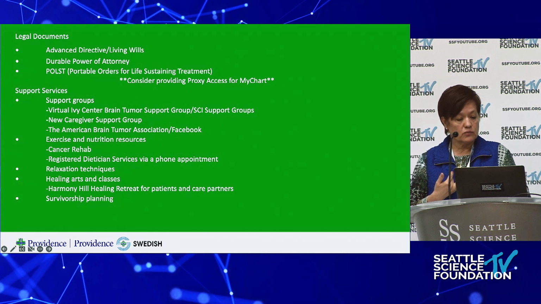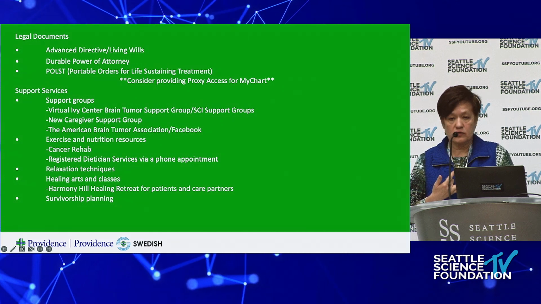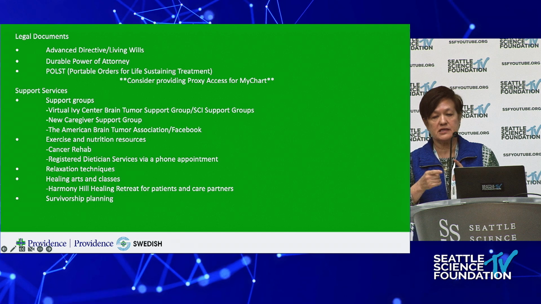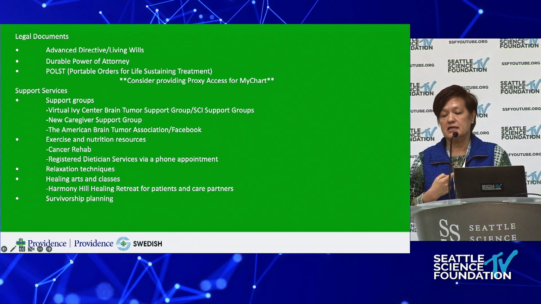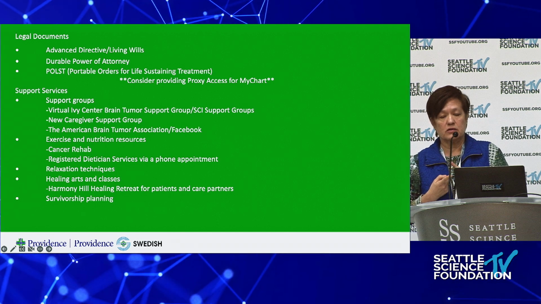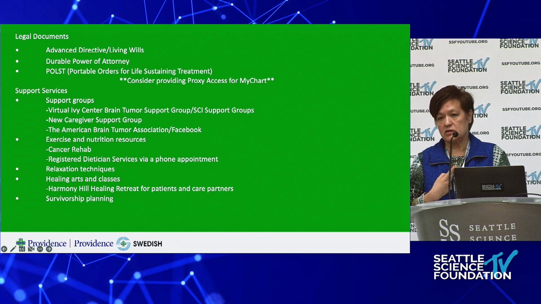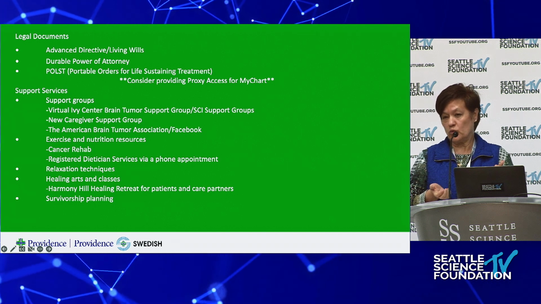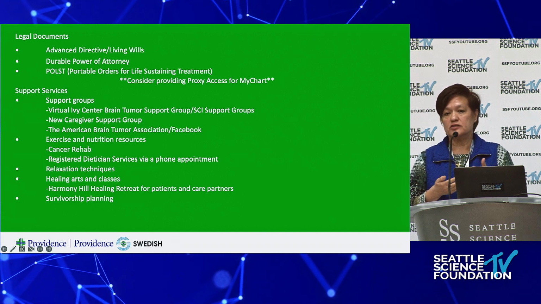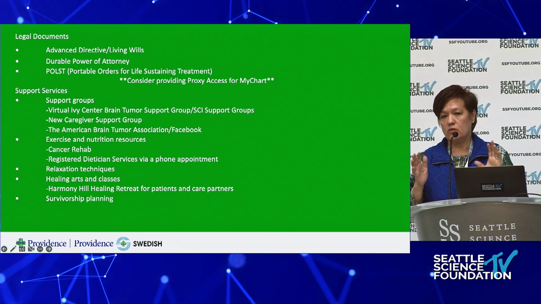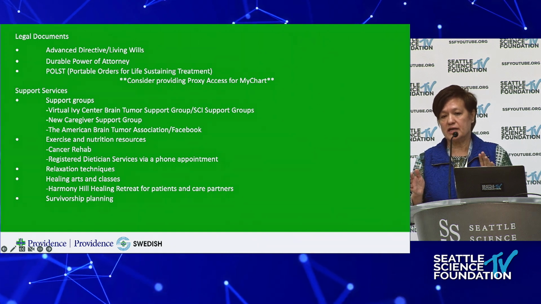If they've learned about a resource, they're always so generous in sharing with the other participants what they've learned. One of the things that we have learned, I have talked to a few folks about this tonight, is there's a cancer retreat called Harmony Hill that costs about $25 to attend. It's a great opportunity to go for a weekend. I think it's only 48 hours.